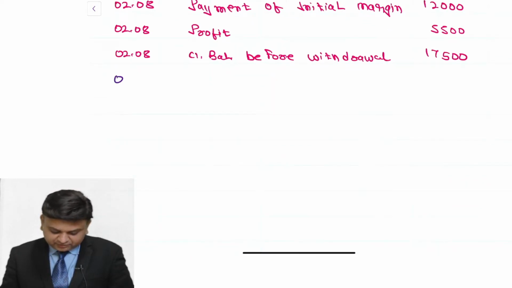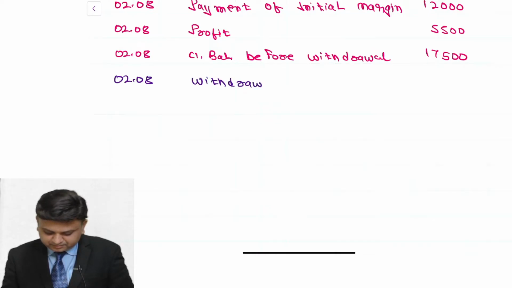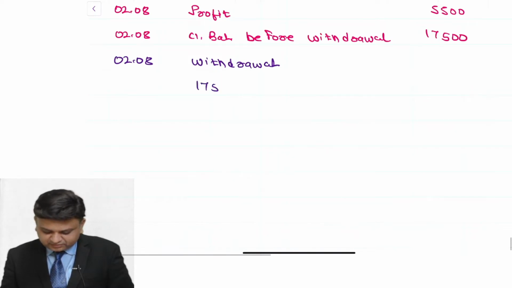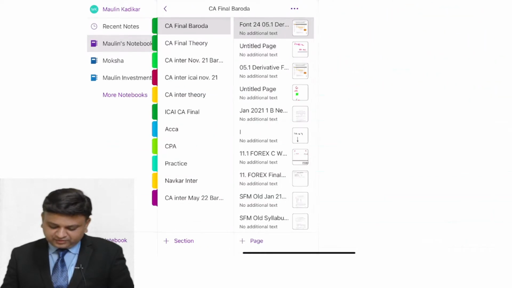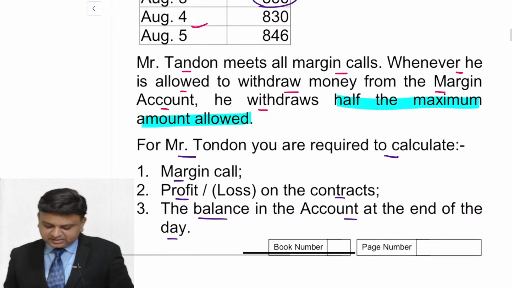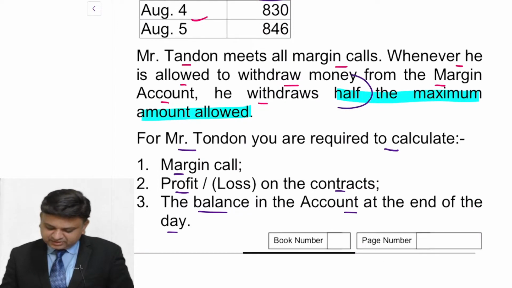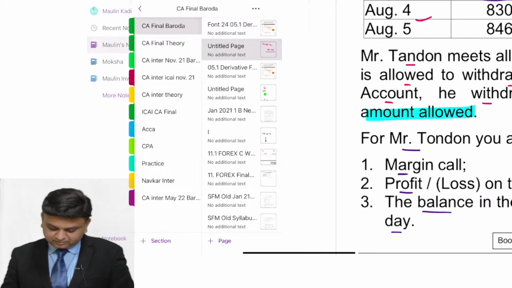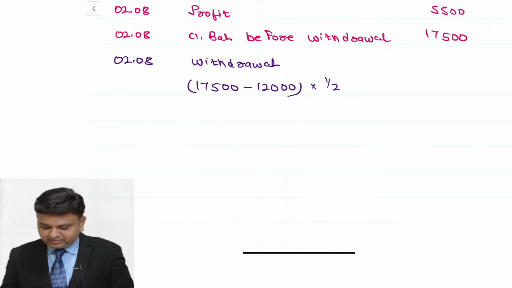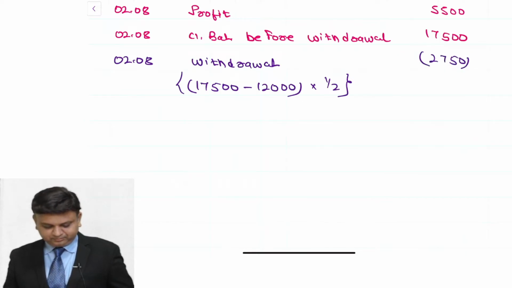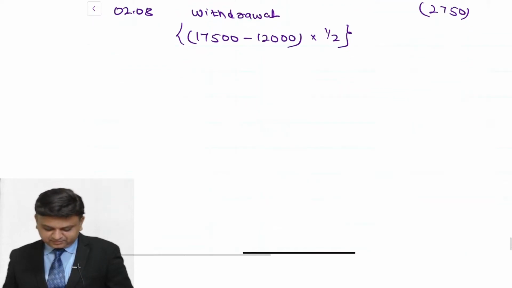So what will happen on 2nd of August? Withdrawal: 17,500 minus 12,000. So he is allowed to withdraw 5,500. And he withdraws half the maximum amount allowed. So it is 5,500 into 1 by 2. That comes to 2,750.